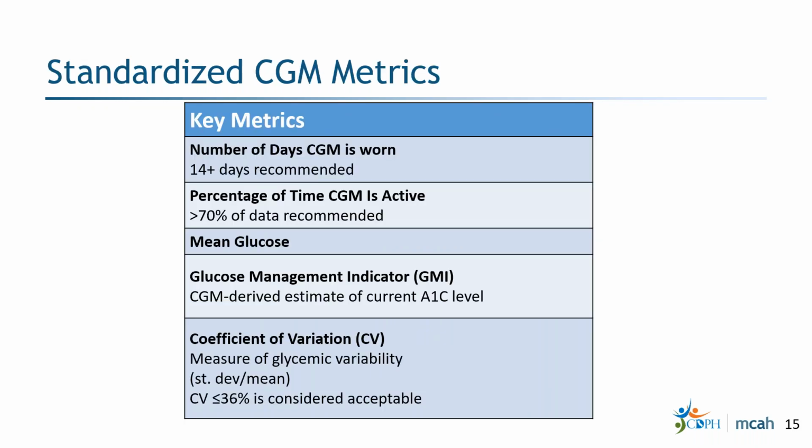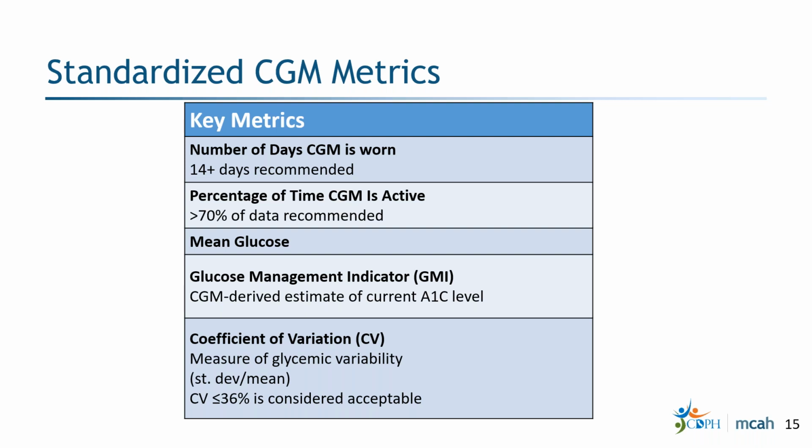So next, I want to talk about the standardized CGM metrics, because we get a lot of data from CGM and it looks different than some of the data we're used to looking at with typical blood glucose monitoring. So when you look at a report, you're going to see things like the number of days the CGM is worn and the percentage of time the CGM is active.